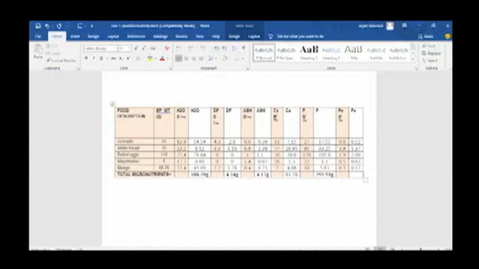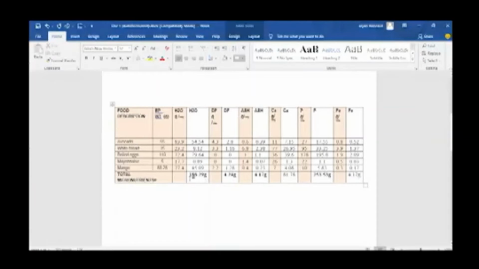Then for iron, 0.52 plus 1.57 plus 2.09 plus 0.03 plus 0.17 is equal to 4.17 grams. So we add it all together. 188.29 plus 4.24 plus 4.17 grams plus 81.78 plus 253.53 and 4.17 is equal to 536.18 grams.